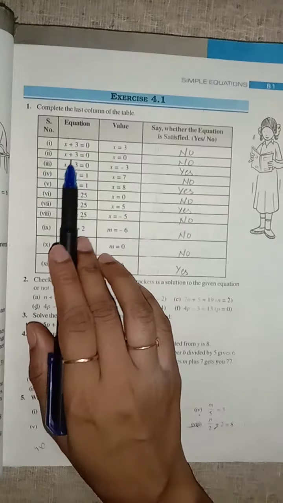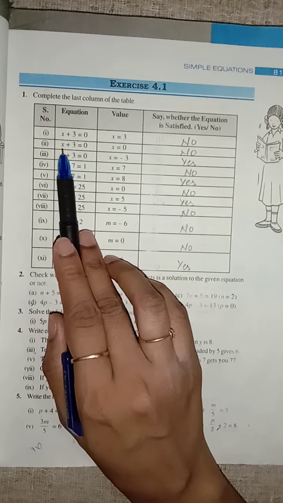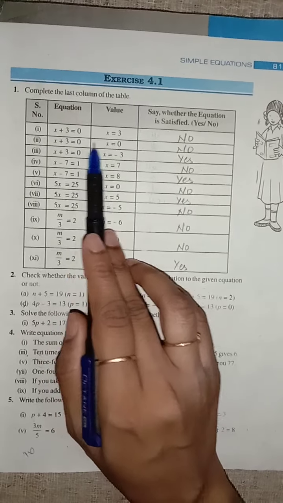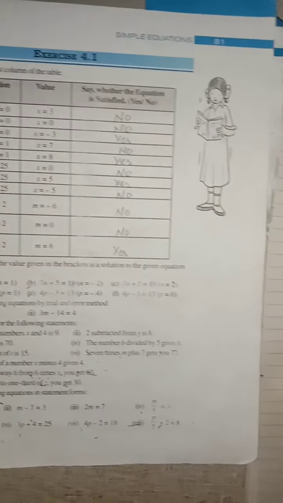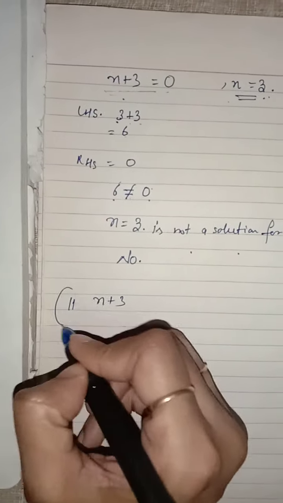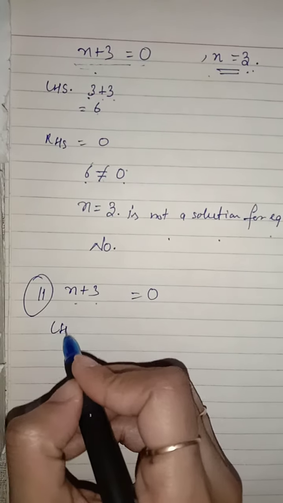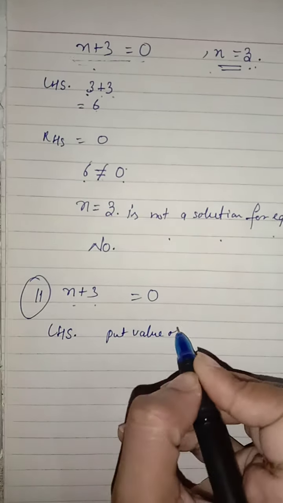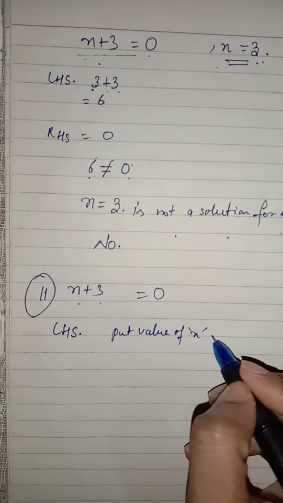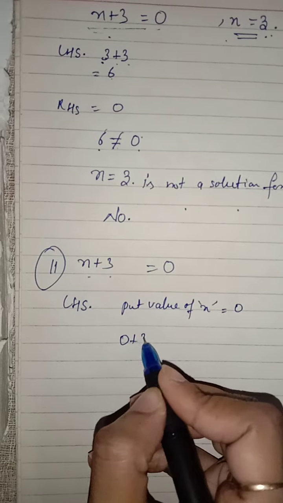In second question, second part, we can see that here it is given x plus 3 is equal to 0, where we have to put x is equal to 0. Now x plus 3 is equal to 0, this is the equation. On taking left hand side, put the value of x is equal to 0, and we put 0 plus 3.